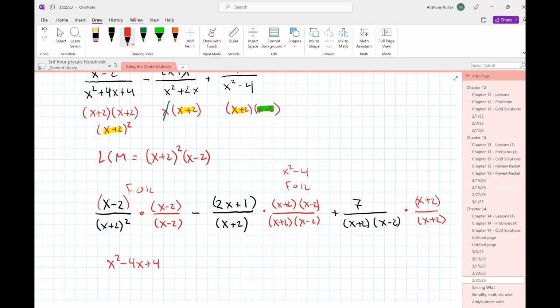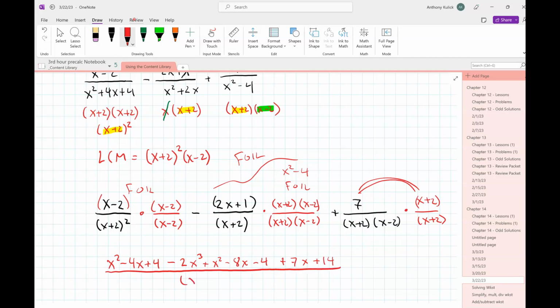And then I'm going to FOIL again. And then here, just distributing. How's that look to you guys?